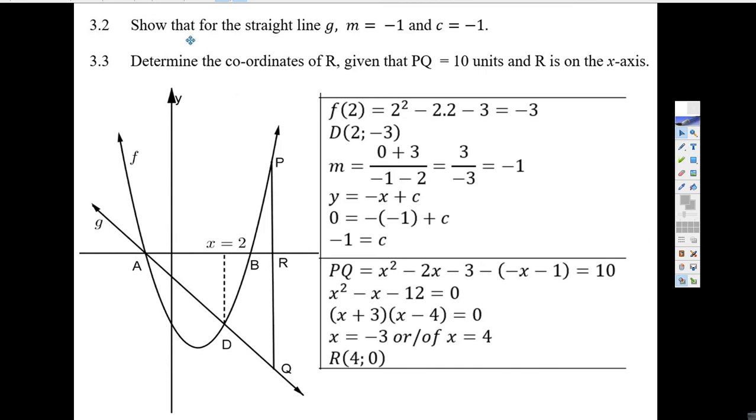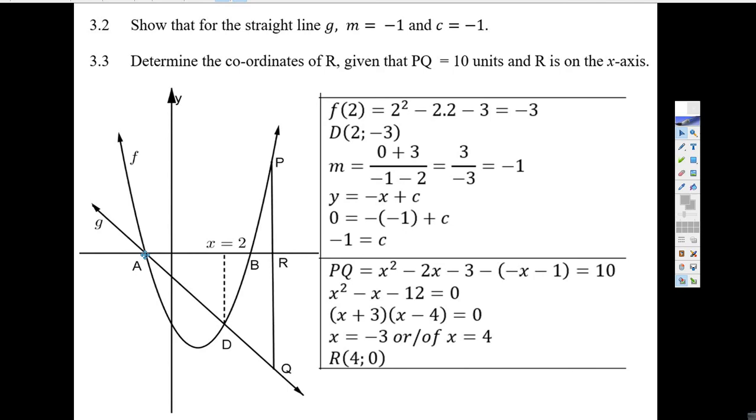Now, the next question says, show that the straight line g has m equal to minus 1, so it's minus 1x plus c. Show that. Well, the first thing you do is I can figure out what D is.